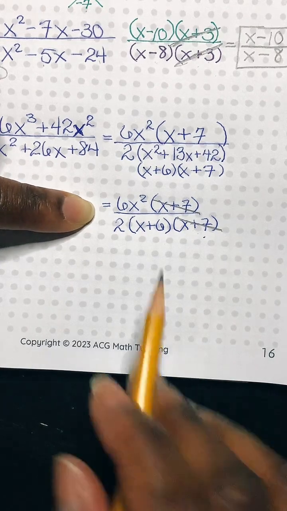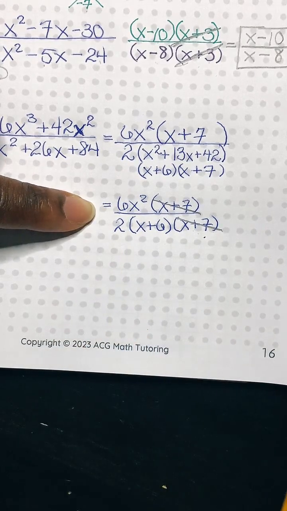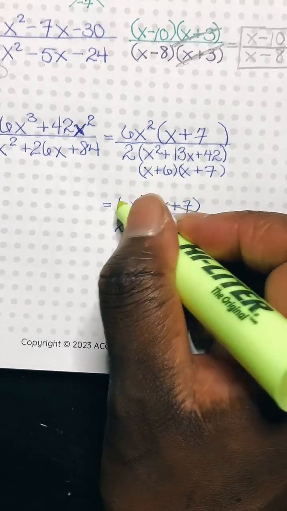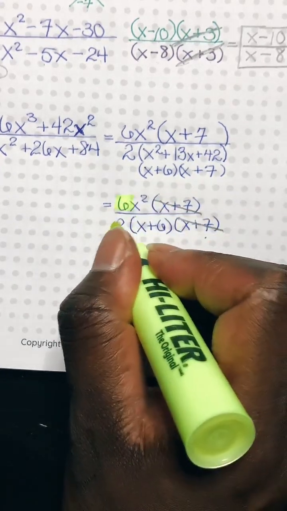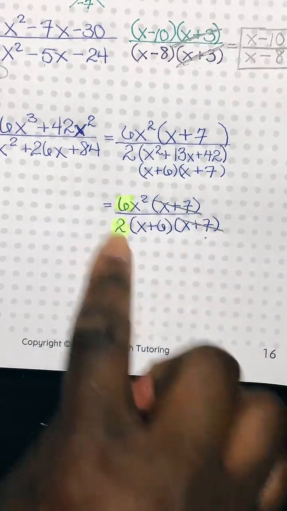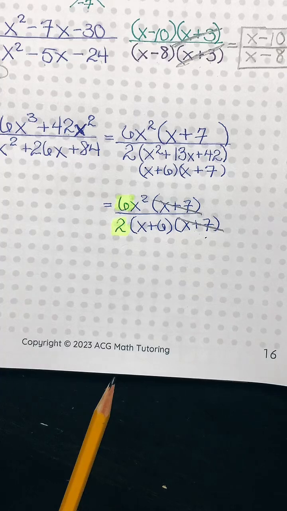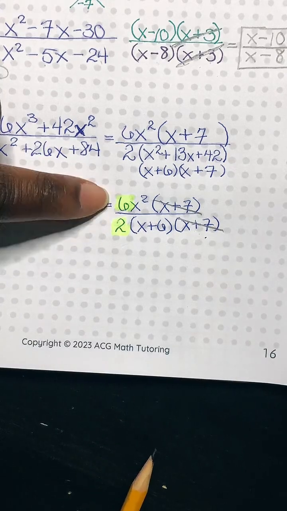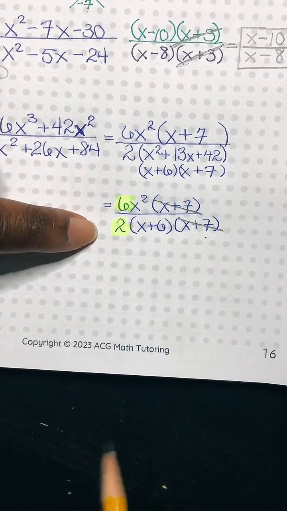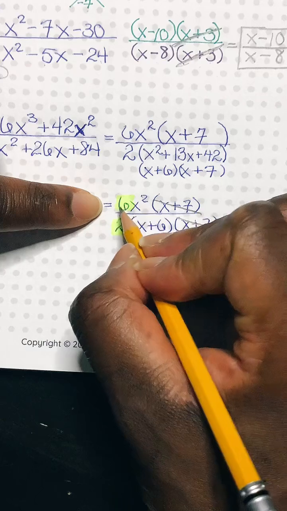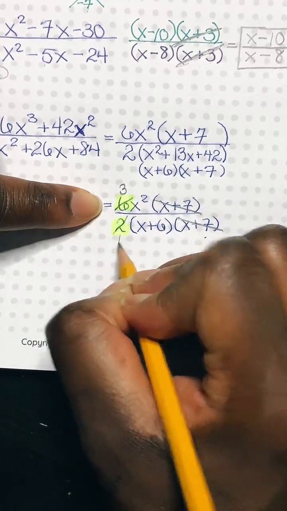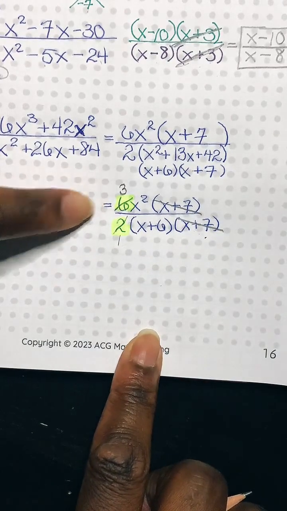So how about simplifying? I noticed the whole numbers, not what's inside the parenthesis, but this whole number, we got a 6 and we got a 2. Now remember, up here is mostly multiplication. So that means this 6 and this 2 can be divided. The coefficients can be divided. So 6 divided by 2 gives me 3. And that 3 is going in the numerator.